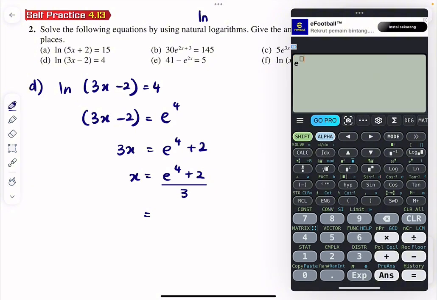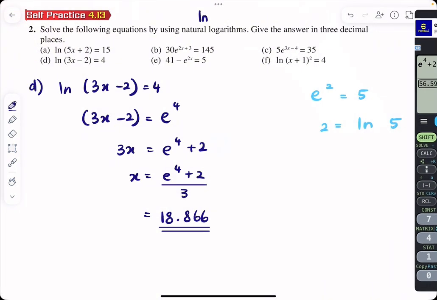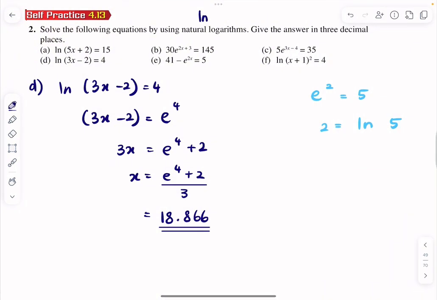Shift ln, power 4 plus 2, answer divided by 3. We get 18.866. Done, 3 decimal places. Okay, 2 more.